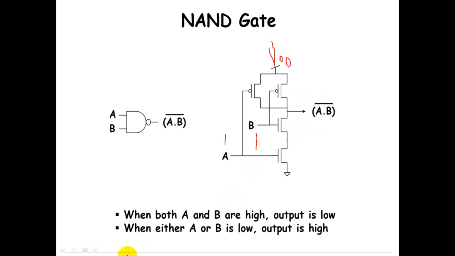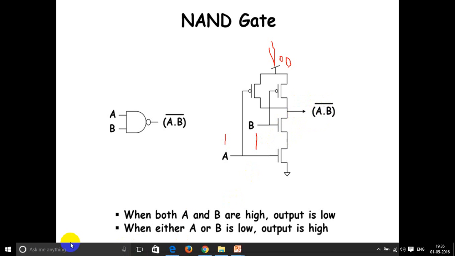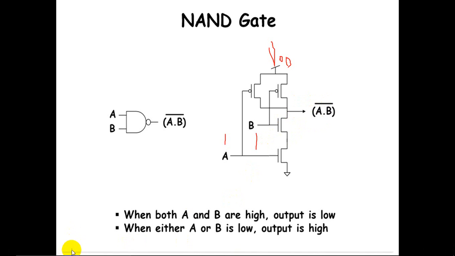Now there is one important thing that might be of use to everyone who's watching. You only have to make either the PMOS or the NMOS part of the circuit, and the other will just be the opposite. Suppose this one is the PMOS part, so you just need to make only this part.